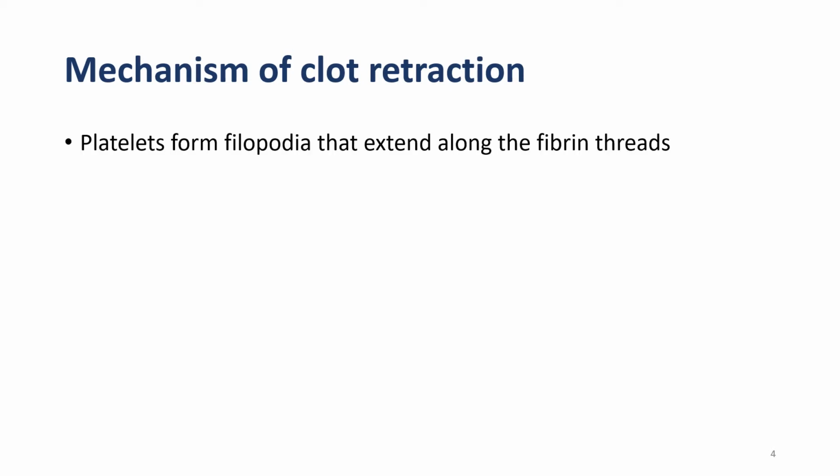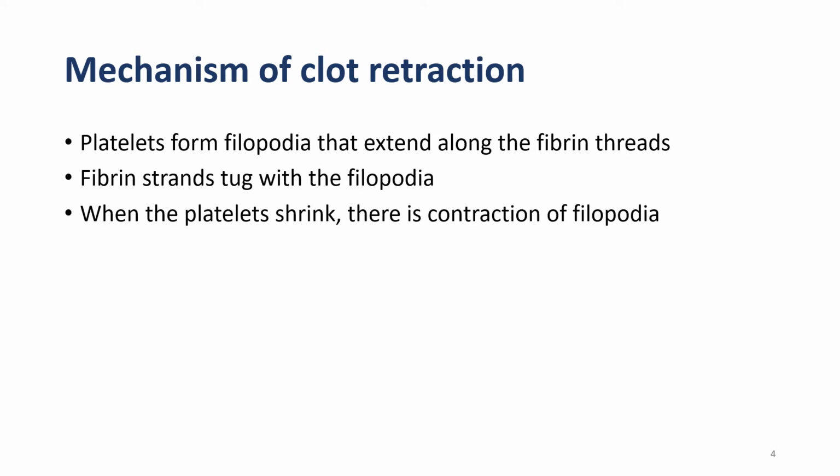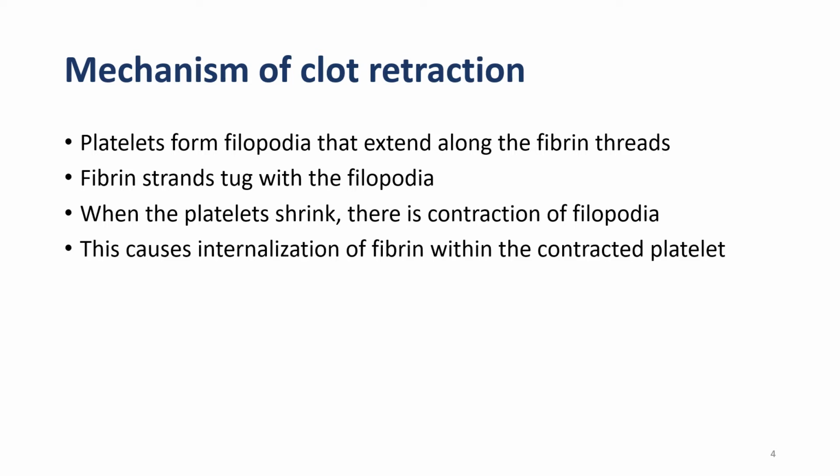About the mechanism of clot retraction: platelets form filopodia that extend along the fibrin threads. The fibrin strands tug with the filopodia. So when the platelets shrink, there is contraction of the filopodia. This causes internalization of fibrin within the contracted platelet.